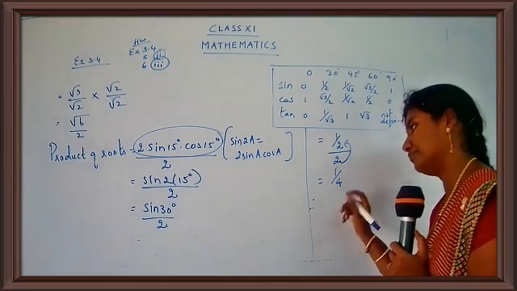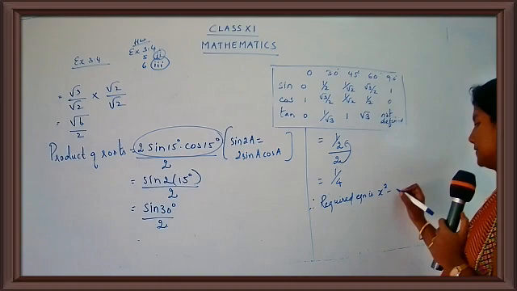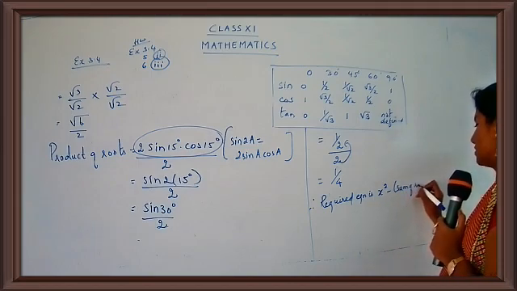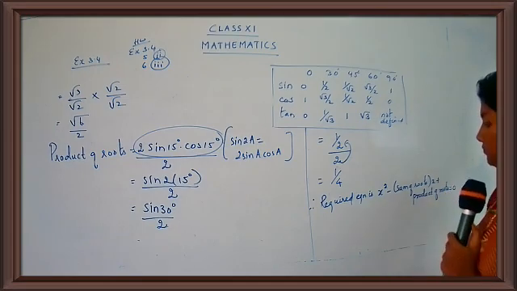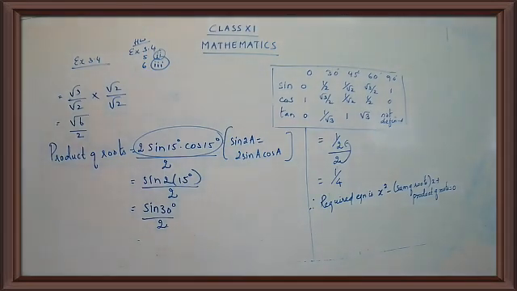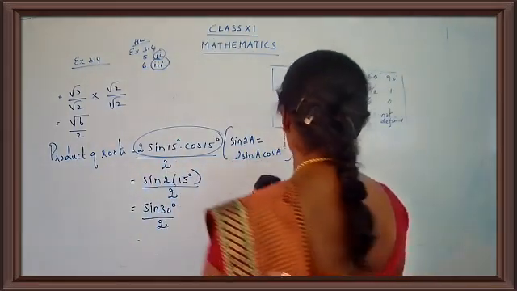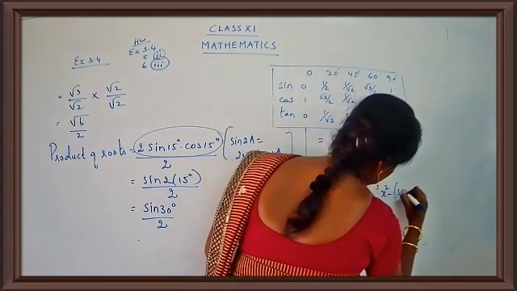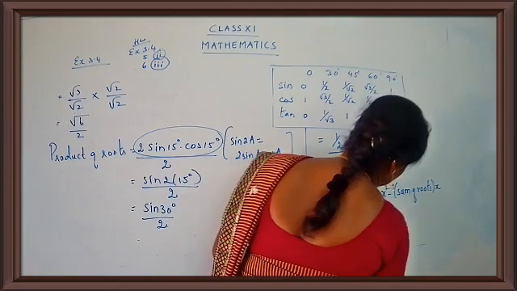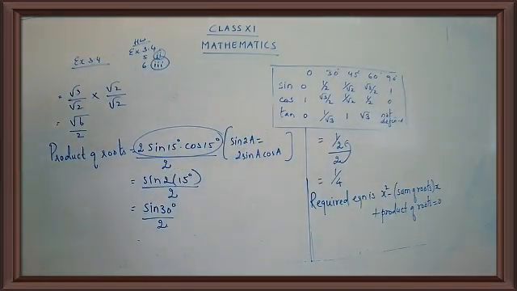Therefore, the required equation is x square minus sum of roots the whole x plus product of roots is equal to 0.